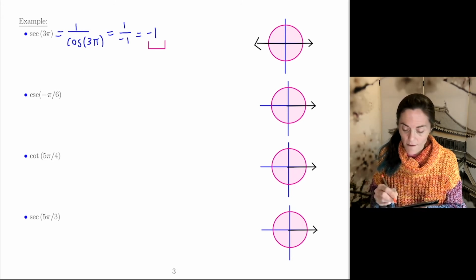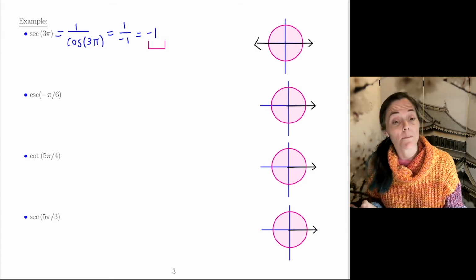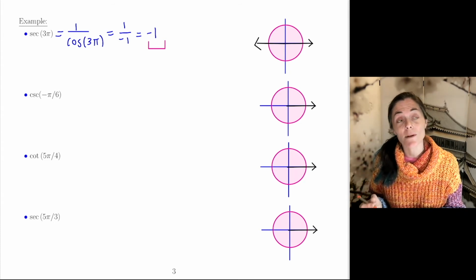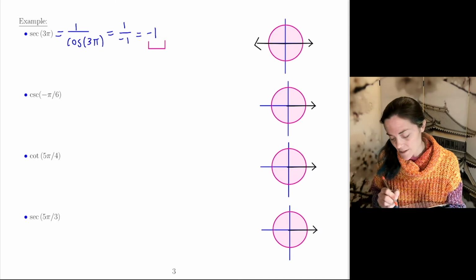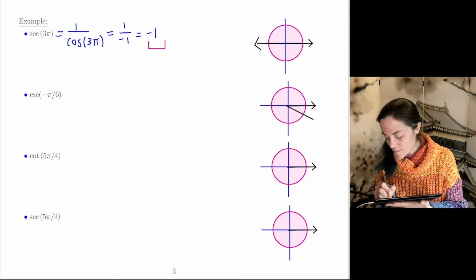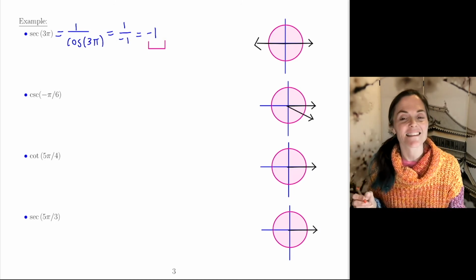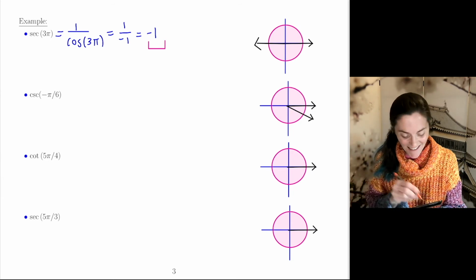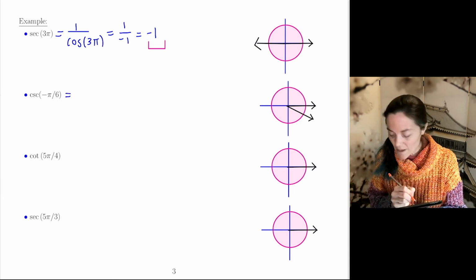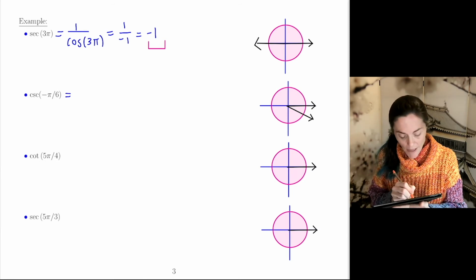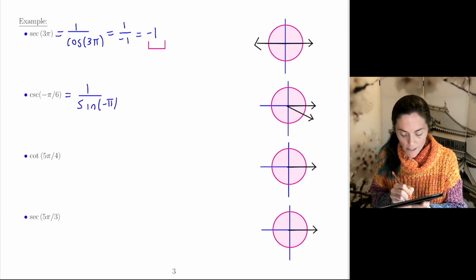Now let's move on. The next angle is minus pi over 6. So we need to move clockwise by pi over 6, which would be something kind of like this. You notice we are in quadrant 4 here, but this is just 1 over the sine of minus pi over 6.